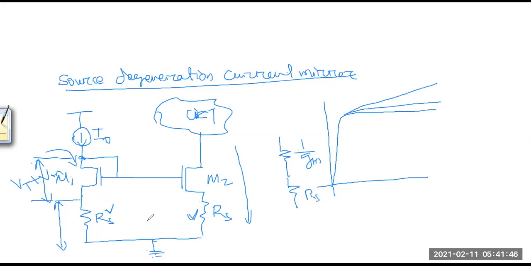And these two resistances are always the same, so if you make high output resistance, you have to also increase this, because the same current will flow. If this is high, then input impedance will be high. So again, input impedance will be high. So due to this, this is not a good current mirror.